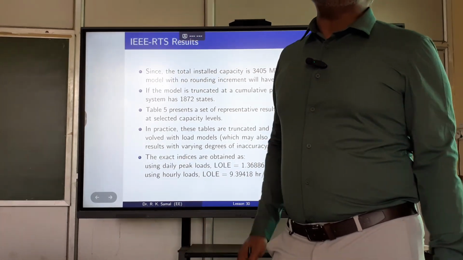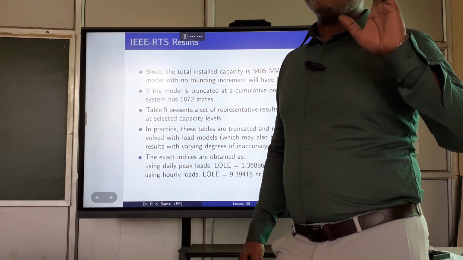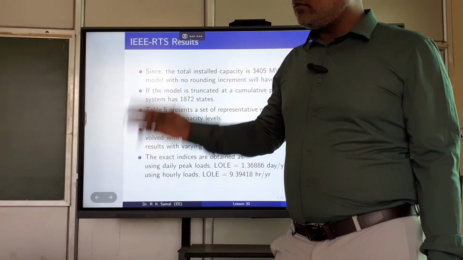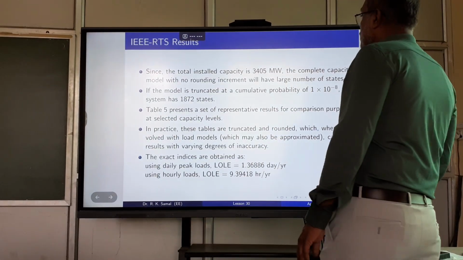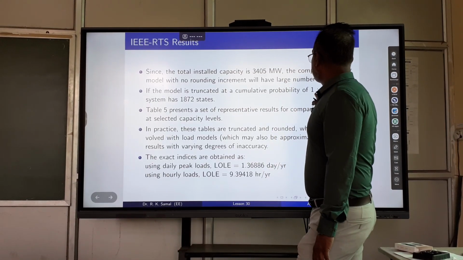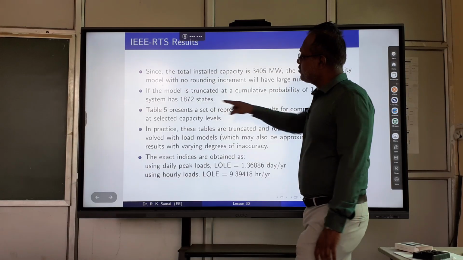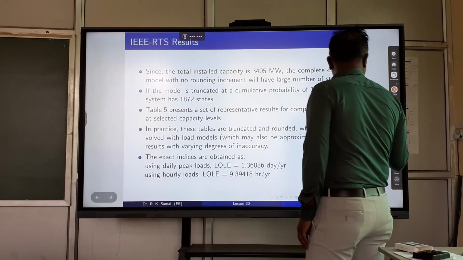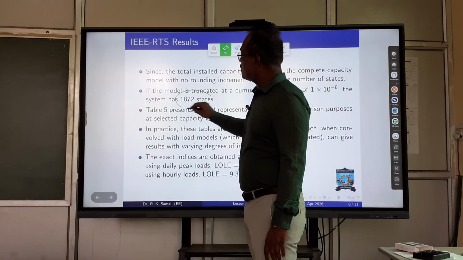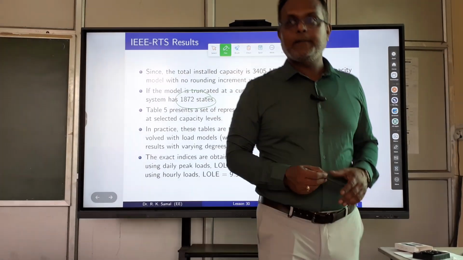But here there are 32 generators, so imagine the number of states. We use a truncated model with a cumulative probability of 10 to the minus 8. The system has 1872 states for the raw IEEE RTS model.